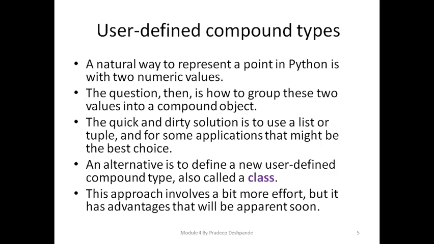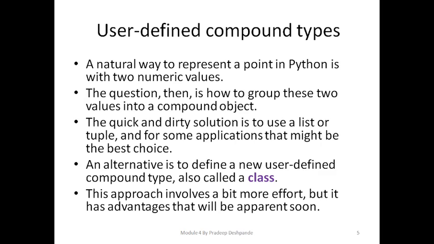A natural way to represent a point in Python is with two numbers, width and height. So we group those two values into a compound object. A quick and dirty solution in Python is either to use a list or a tuple.